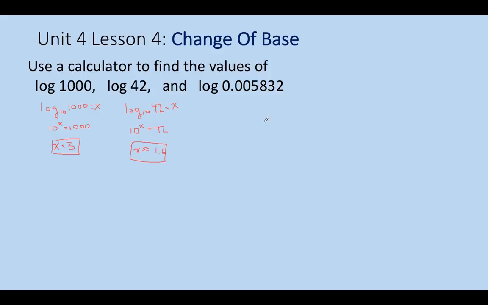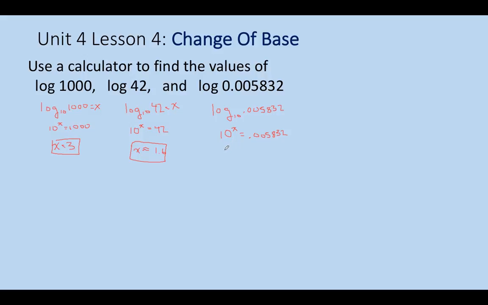All right, and then over here you got log and then a pretty small decimal. Well, again, this is log base 10 of 0.005832. And so this is like saying 10 to the what power equals this. Well, let's see, 10 to the 0 would be 1, so that's too big. 10 to the negative 1 would be 0.1, that's still too big.